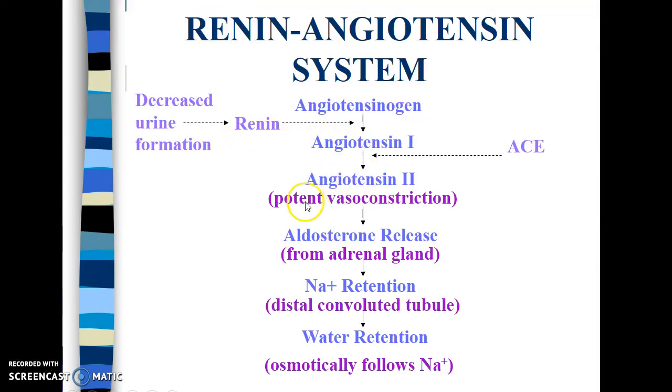So that's going to cause down here, when angiotensin 2 is produced, vasoconstriction. So now we've got even further constriction of the blood vessels. And then that's going to cause the release of aldosterone. And that is going to cause sodium and water retention. So now we have more fluid retained.